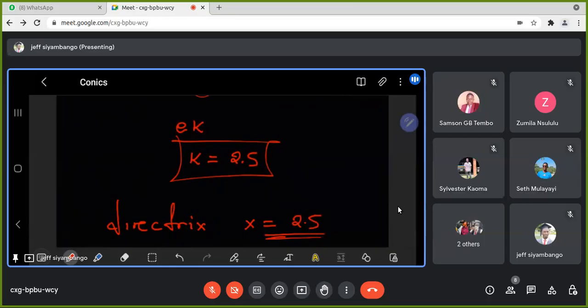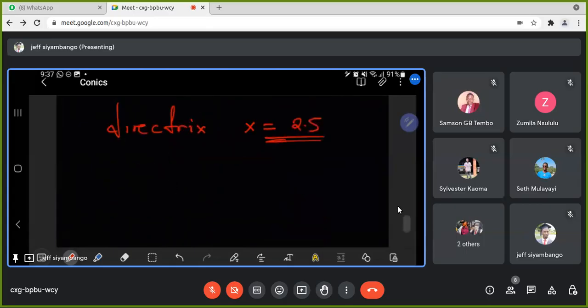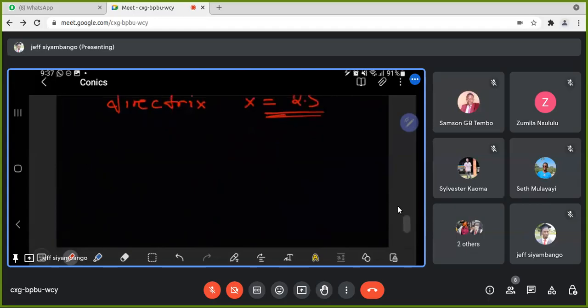Any questions there? Okay, something for you guys to try. Try this. What I want you to find is the eccentricity. Then after finding the eccentricity, identify the conic section.